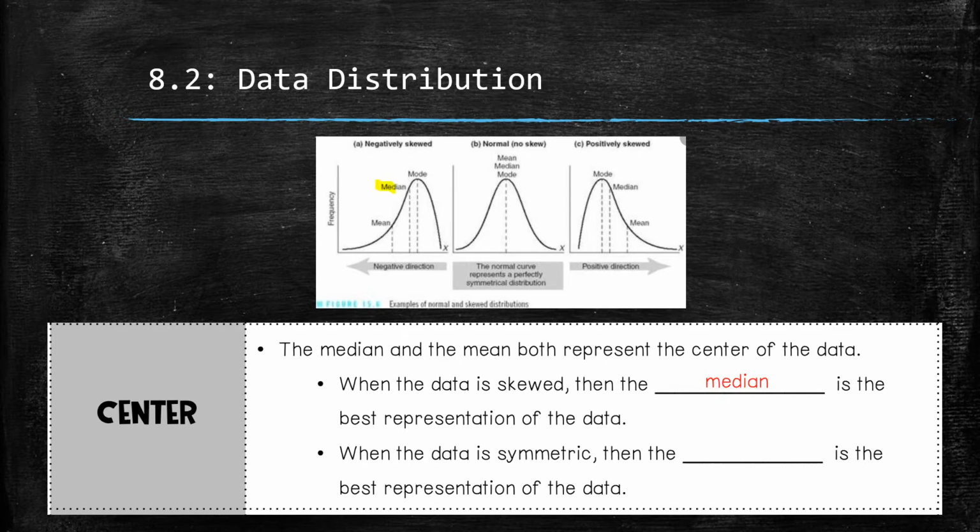Because if you notice on that graph, where I'm highlighting the median, it is closest to the high part or the tall part of the graph. Whereas when my data is symmetric, the mean is always going to be the high point of that graph. So the mean is a better representation of that data.